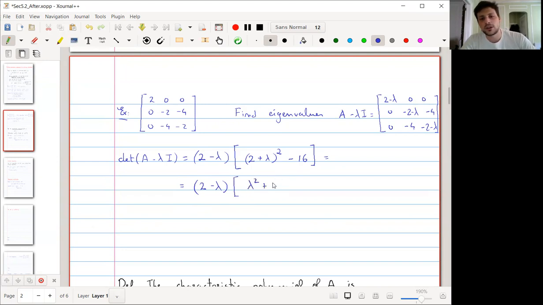This is lambda squared plus 4 lambda plus 4 minus 16. So now we have a +4 and a -12. So I suppose we can factor that polynomial into 2 factors. If I want to get +4 and -12, I should probably get lambda plus 6 and lambda minus 2.